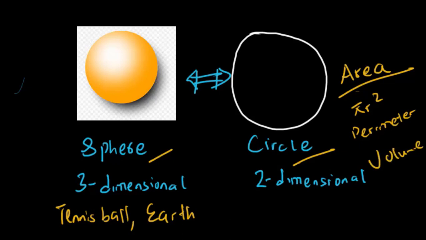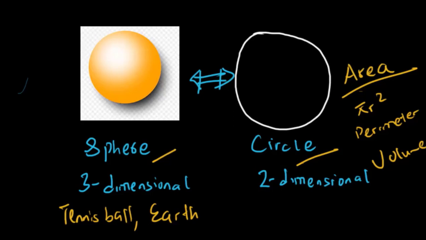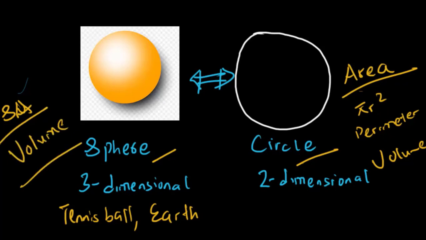Do you understand? It's flat. But a sphere is three-dimensional, so that we can calculate both the surface area of the sphere as well as the volume of the sphere. Do you understand? So let's try to get the formula for the surface area and volume of a sphere.